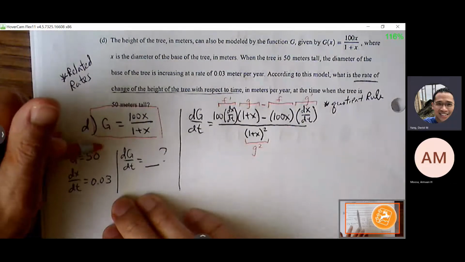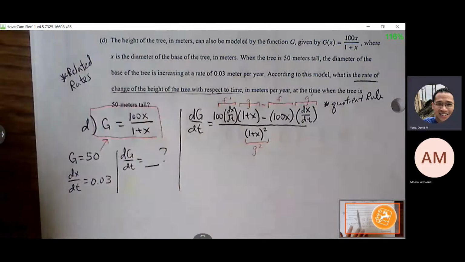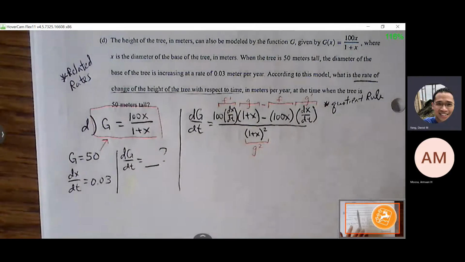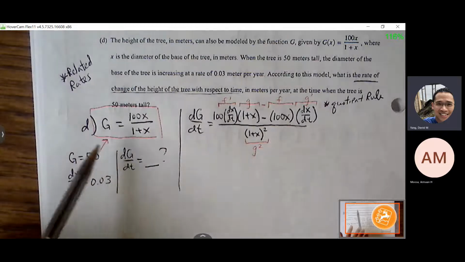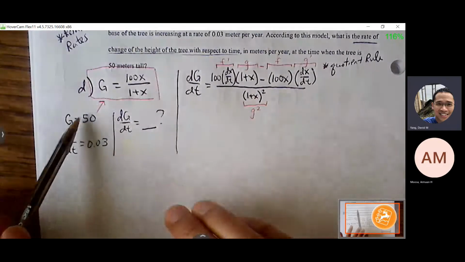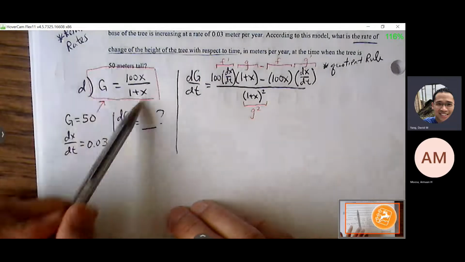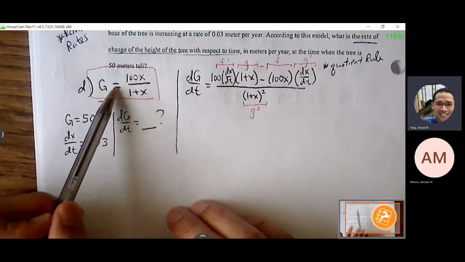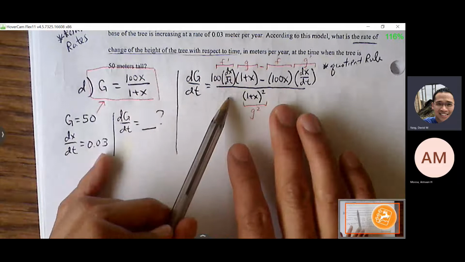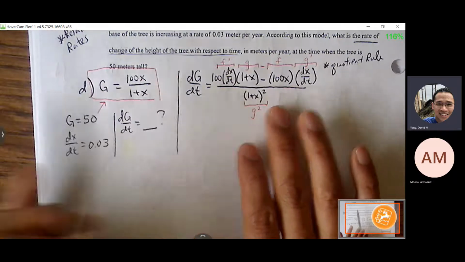Right, it's kind of like Pythagorean theorem, where when we know that we're missing a variable, we can always go back to the original equation and try to find some relevant information that we need. So we're going to have to work back. There's a lot of algebraic steps here. We have to insert that 50 in for g and cross multiply and solve for x so that we can have enough information to insert into my derivative.